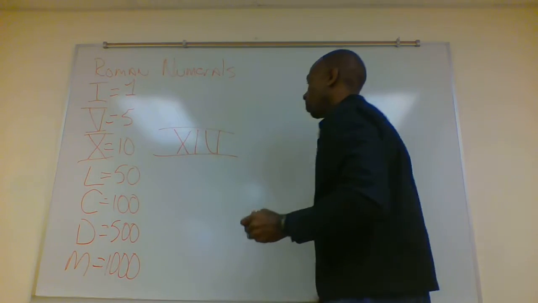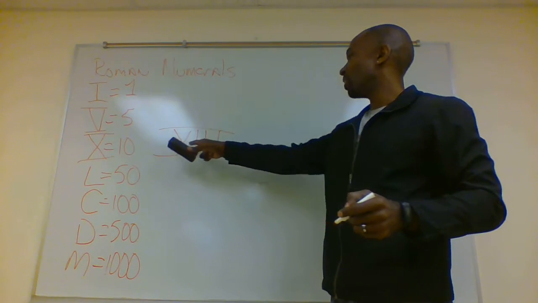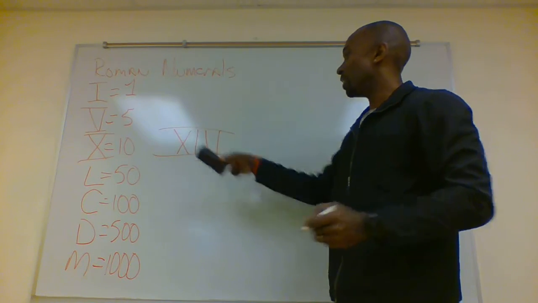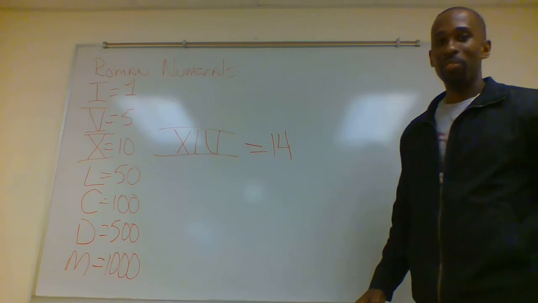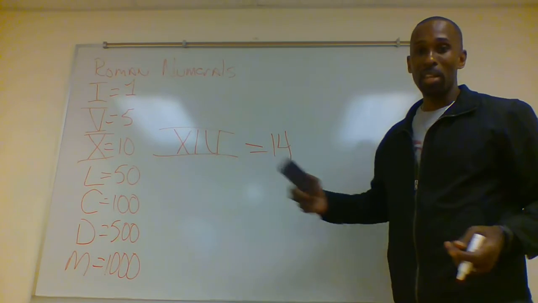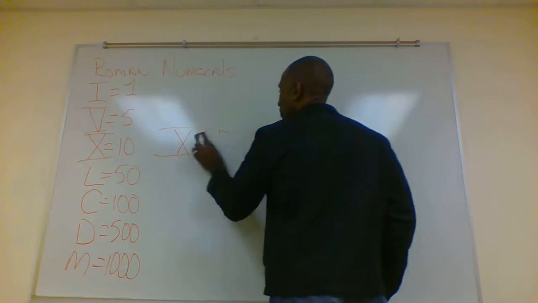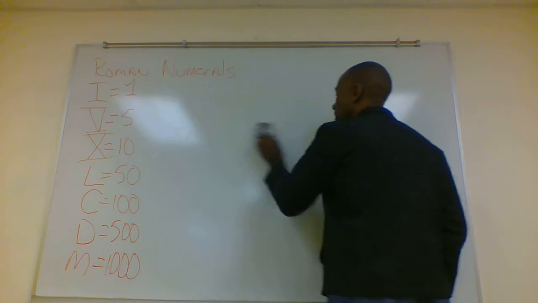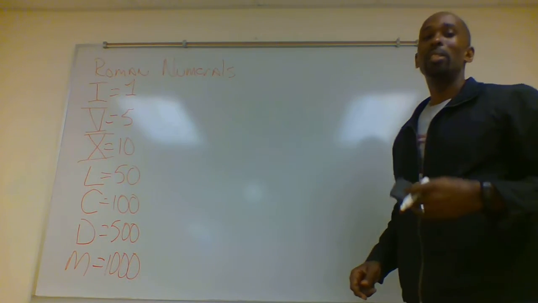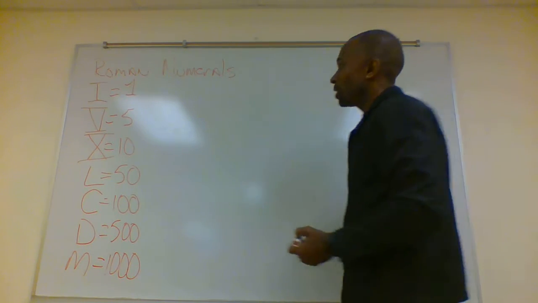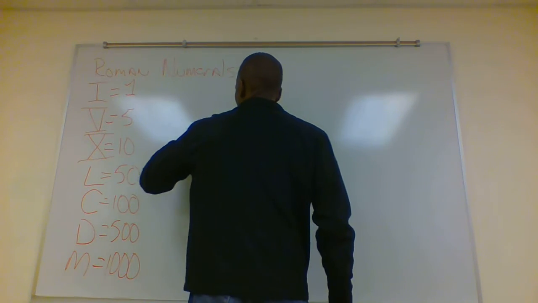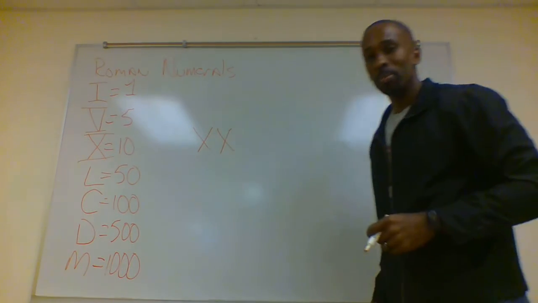Again, that's 10 plus 5 minus 1. So XIV is the number 14. And then 15 is XV without the I in the middle. And 16 is XVI, 17 XVII, and so on, until you get to 20, which is XX.